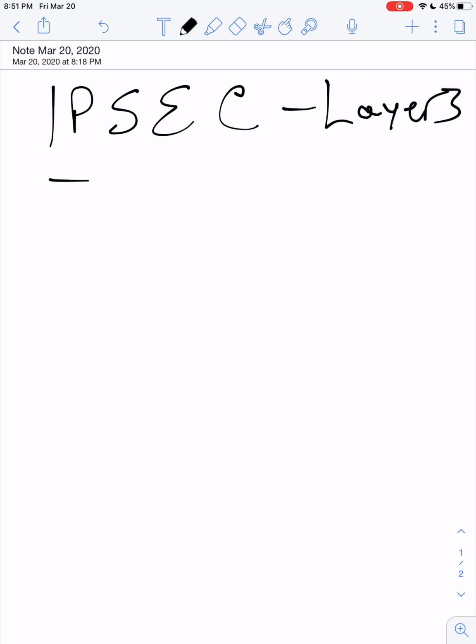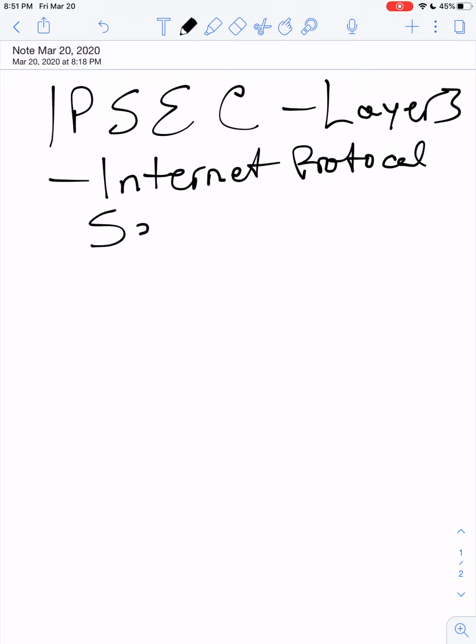It stands for Internet Protocol Security. It supports authentication and encryption.